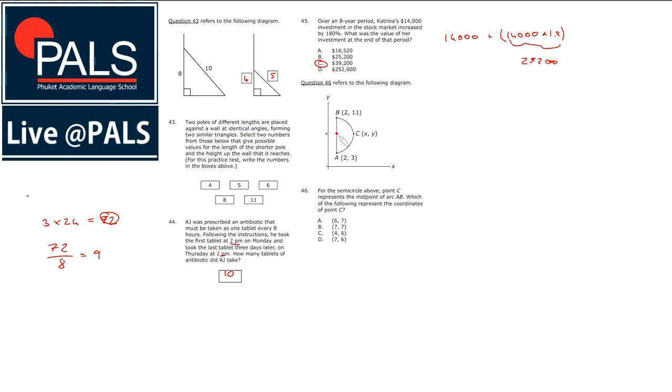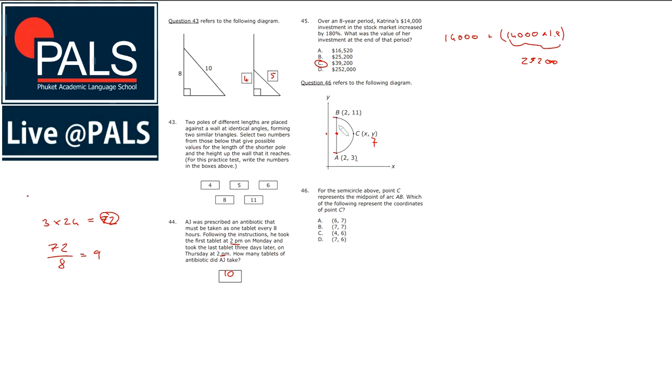So y is here. So y, this is 11, this is 3. So 11 minus 3 is 8. So the whole distance here is 8, which means in the middle is 4. 3 plus 4 is 7. So the y value is 7.